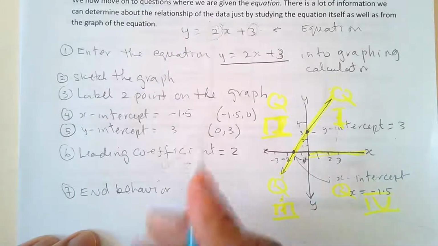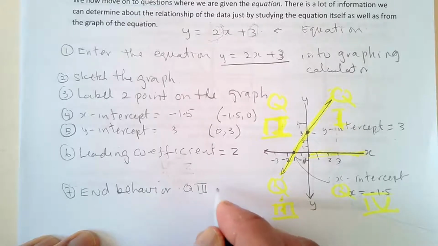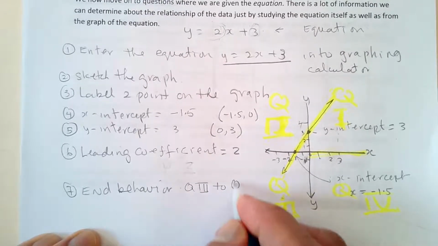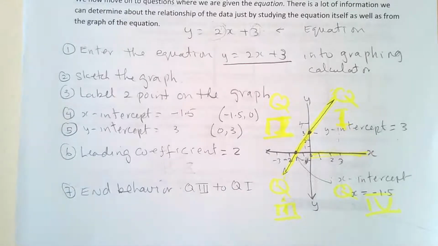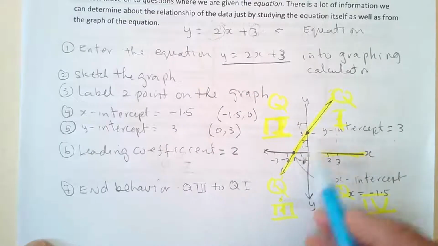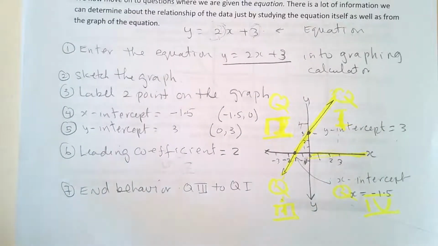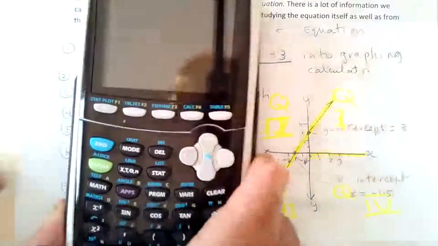So the end behavior is from quadrant 3 to quadrant 1. So just by looking at this equation, finding the intercepts and doing a sketch, we can tell a lot about the graph. Now, we haven't looked at domain and range. That's the next one.